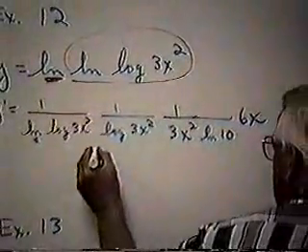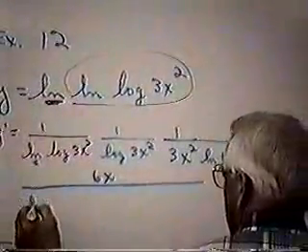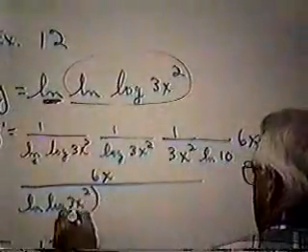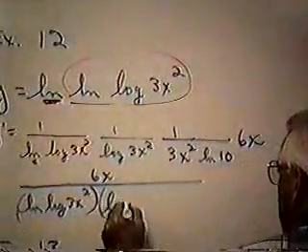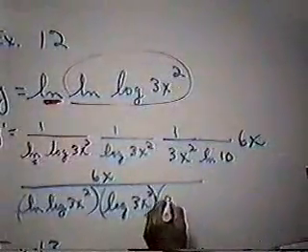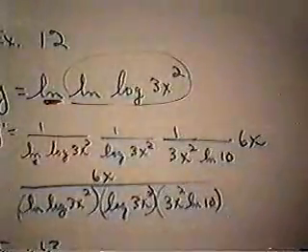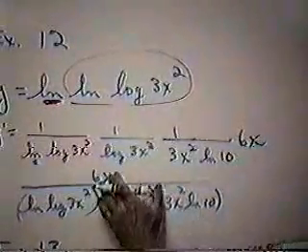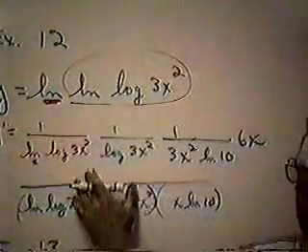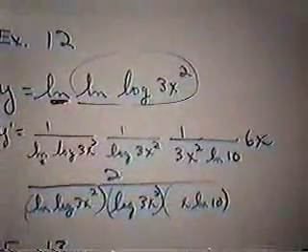So your final answer is 6x all over the ln of the log times the log times 3x squared log of 10. Anyway, this x will divide out, and a 3 will divide out, so it can be reduced to that.